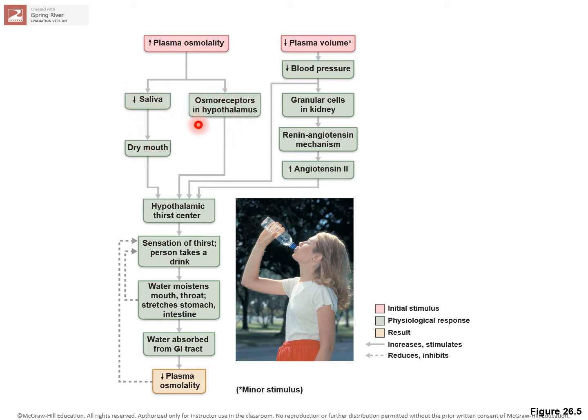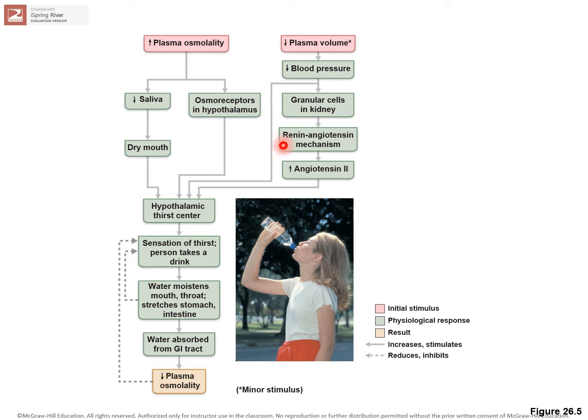The next mechanism is the direct activation of the hypothalamic thirst center. Now, there are osmoreceptors in the hypothalamus that sense a change in osmolarity of blood and stimulate thirst. We drink water, the water gets absorbed, and the blood plasma gets diluted. So the osmolarity decreases. Okay.